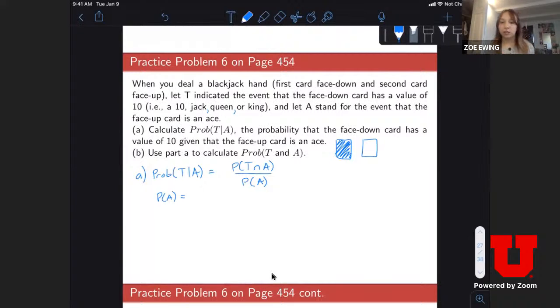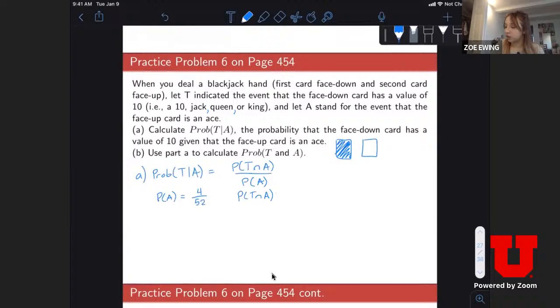So this is basically like saying we have 52 cards and 4 ways to get an ace. So there's 52 ways to pick a card, 4 ways to pick an ace, so the probability is 4 over 52. Now we want to figure out the probability that the face down card has a value of 10 and the face up card is an ace.